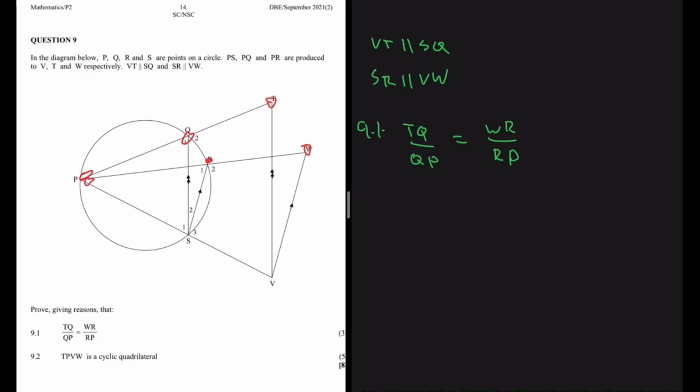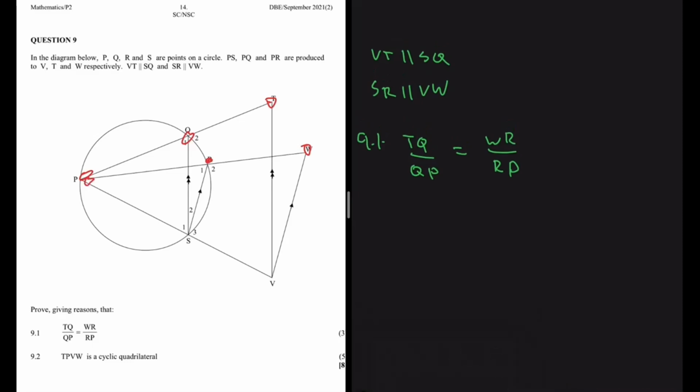Okay, so let's look at the first keyword. The first keyword says VT is parallel to SQ, right? So let's look at the VT. VT is this line here, and it's said to be parallel to SQ. SQ is this line here.